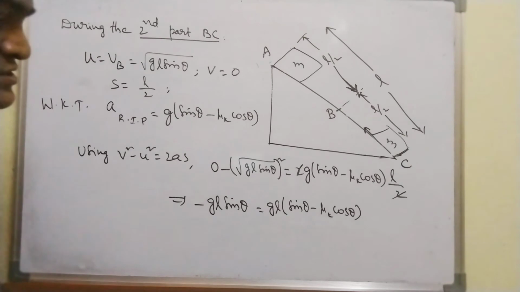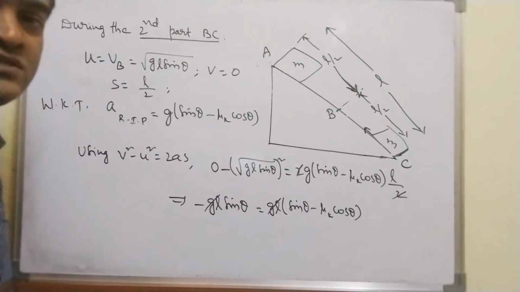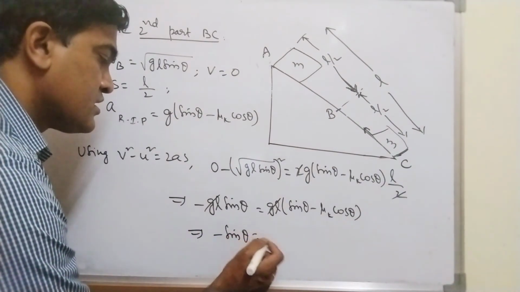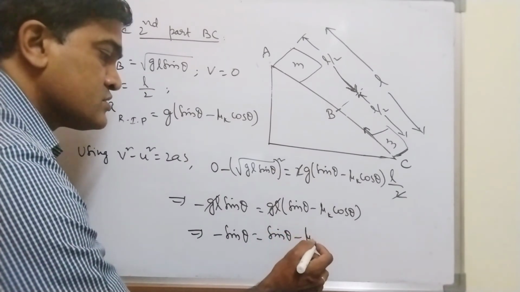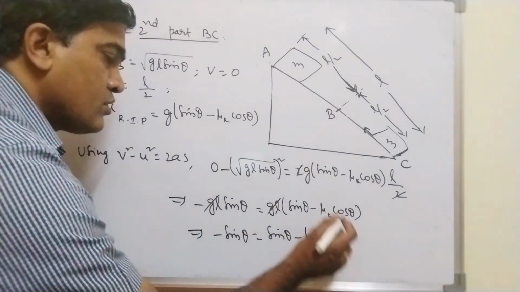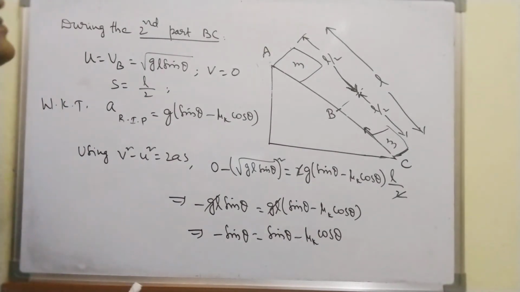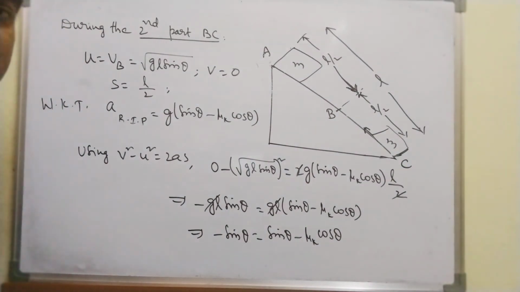Now can I cancel gL on both sides? gL gets cancelled. You remain with minus sin theta is equal to sin theta minus mu k cos theta. Sin theta is equal to minus mu k cos theta.